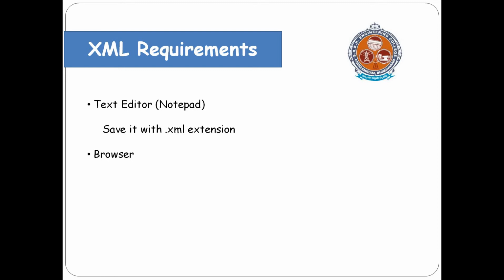A parser is nothing but parsing the data and converting it to a browser-understandable format. Our browsers have an inbuilt XML parser, so we can check the output in the browser similarly to HTML.